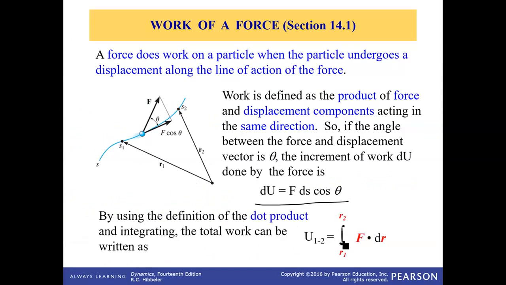Or in the integral form, it is R1 to R2 F dr or S1 to S2 F ds cosine theta. Remember that R is for vector and S is the scalar or magnitude of that vector. So in this case, when force F is applied, it results in displacement of the particle from S1 to S2 that can be calculated using this formula.